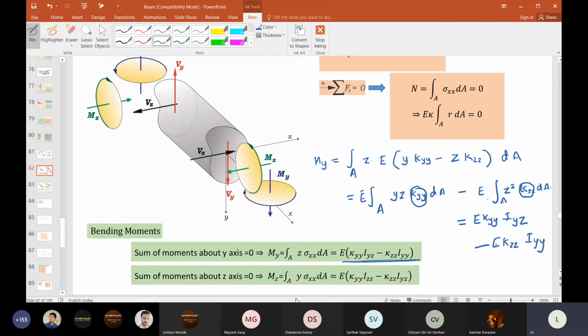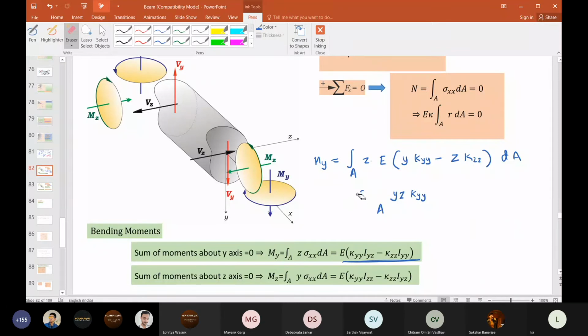Now, similarly, if I do it in longhand, let us do it. Shall I erase this? Yes, sir. No problem. Okay. So let's do my, and we will do mz.